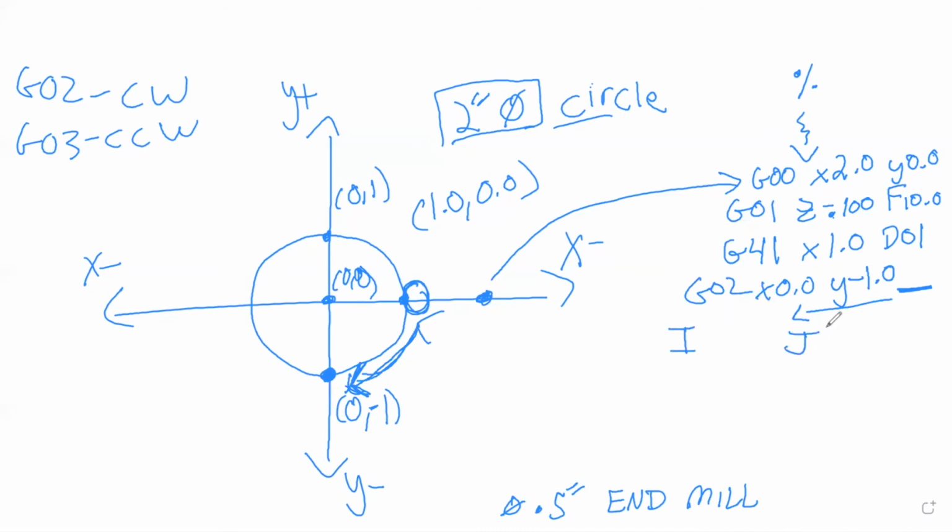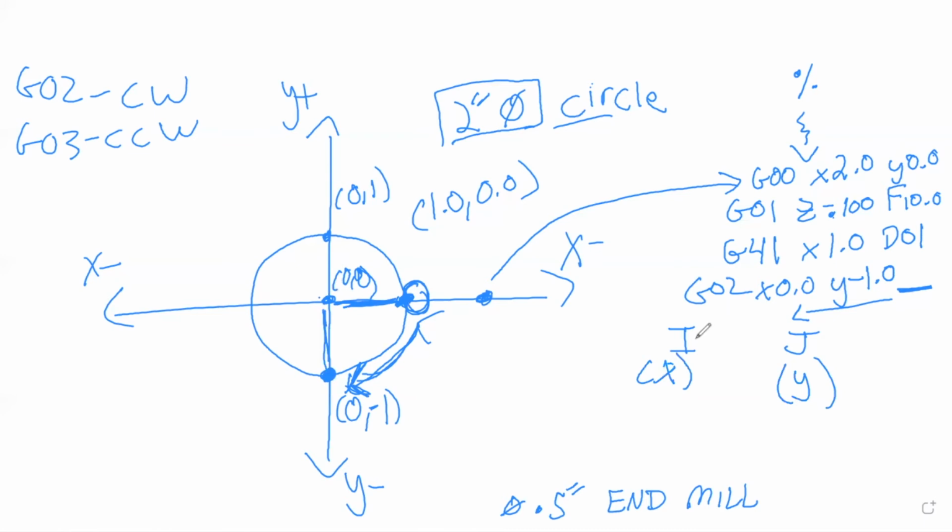Right? So these incremental values are from the start point, which is right here, to the arc center, which is right here. That's the arc center. These are incremental values. So the I is an X value, and the J is a Y value. So incrementally, on the X, we are moving -1.